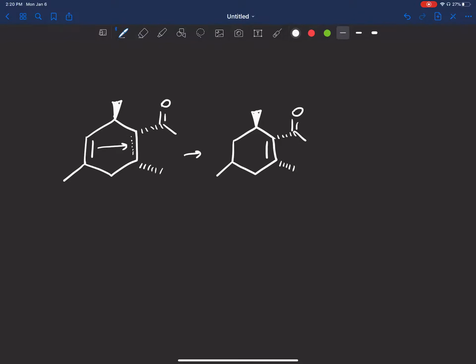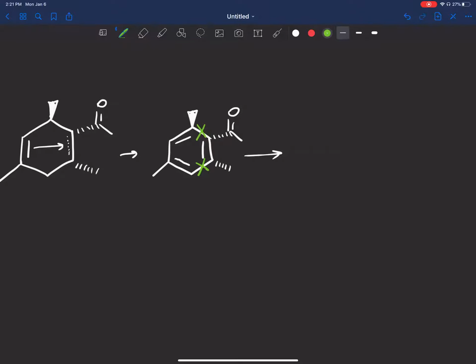Now we draw 2 double bonds on these carbons right here, the carbons next to where that original double bond used to be. That's step 2. Step 3, we're going to break the bonds right here, next to where that double bond that we shifted.